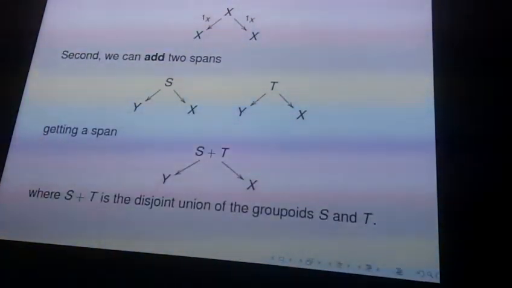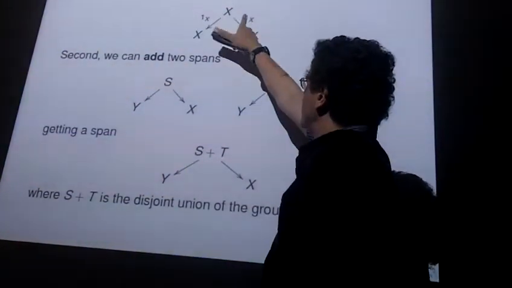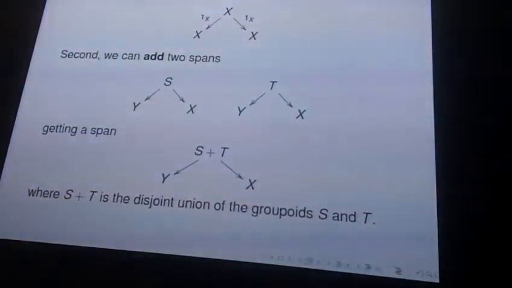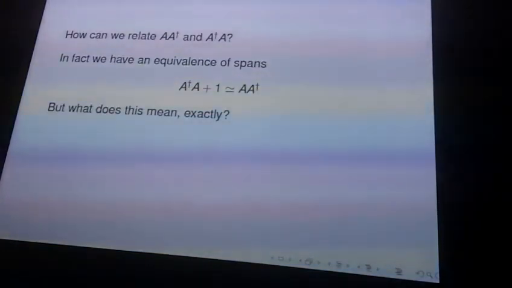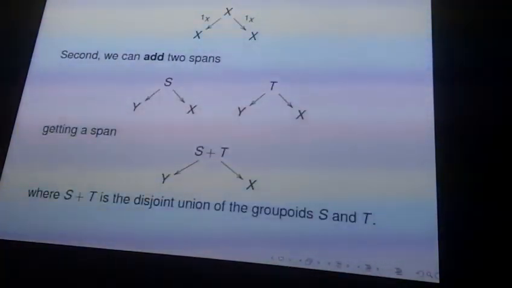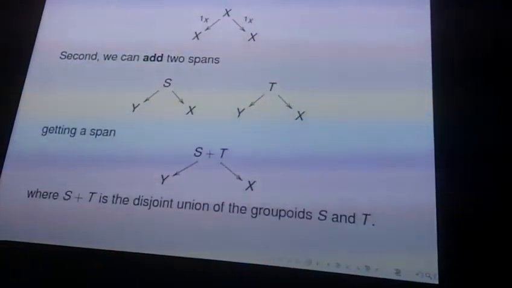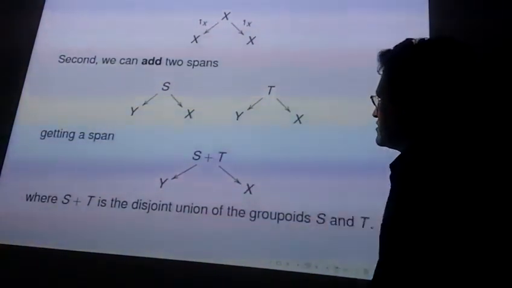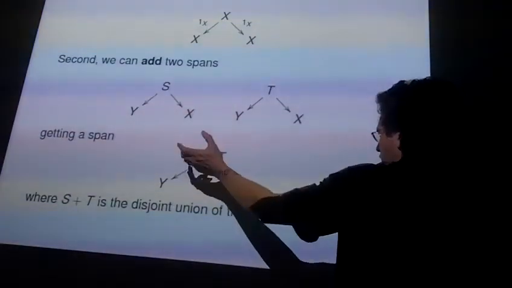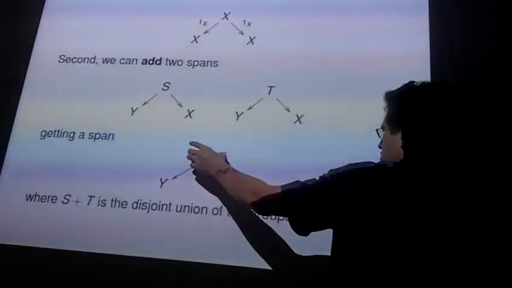First of all, for any groupoid, there's an identity span. We'll just use identity arrows. That's what 1 means in this previous equation. There was a 1 there. That would be an identity span. And then there's also addition. We can add two spans just by taking the coproduct, or disjoint union, of the two groupoids up on top.